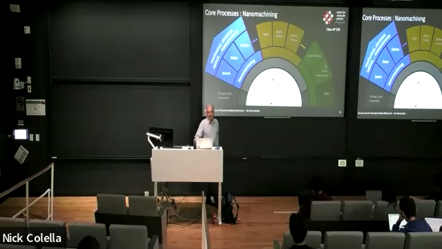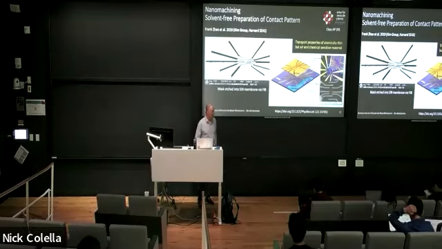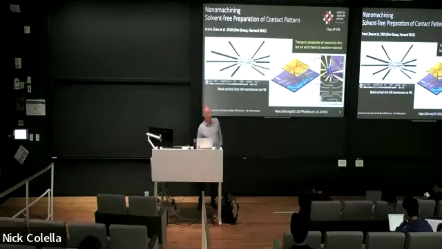So just to give you a sense of what you could do in terms of nanomachining, we have here groups like the Kim group at Harvard that works on 2D materials, and they are using the focus ion beam to generate a mask for deposition of electrodes so that they don't have to use clean room methods. This is a carbon-free, solvent-free process.